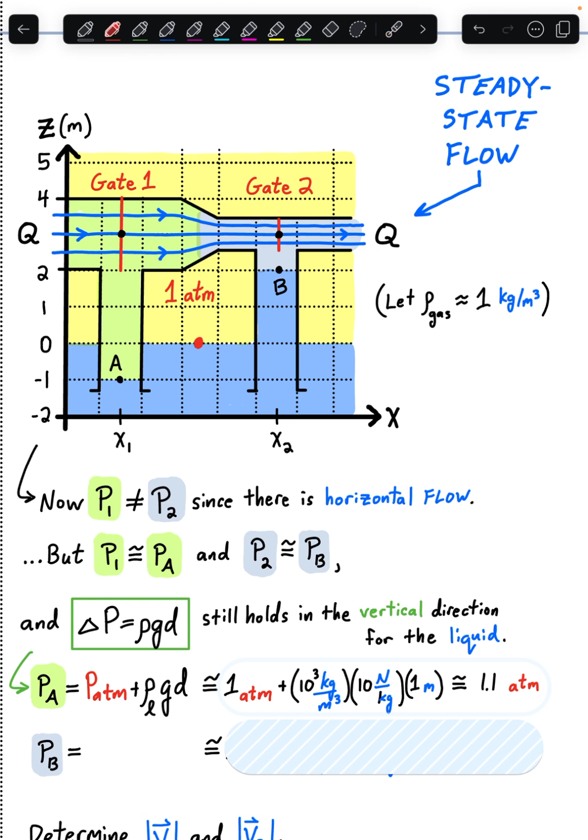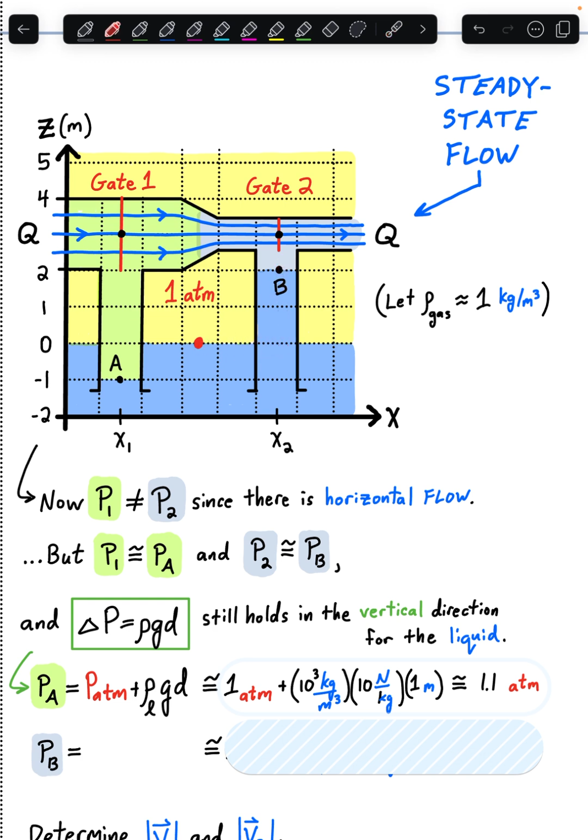Over at B, we can also compare the pressure here at B to this point over here. There's a vertical difference of 2 meters between those 2 points, and the difference in pressure between those 2 points will be given by the weight of this column of water, this 2 meter tall column of water between those 2 points.